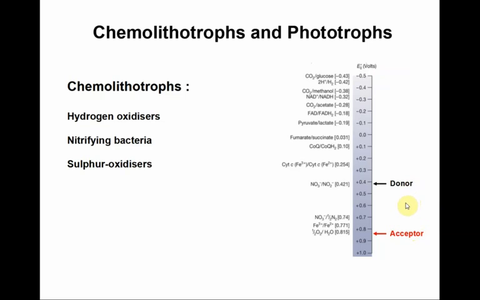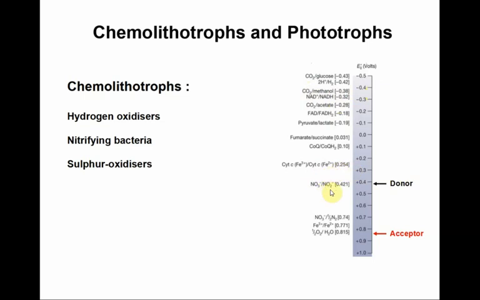So if you remember, in anaerobic respiration, we saw that nitrate could be the electron acceptor. Okay, and that works because we've got NADH up here as the electron donor. So the electrons are getting transferred from way up here down to there.